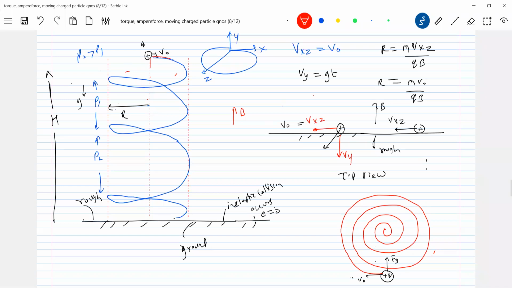Finally it will come to rest, and I'll call this O. And at O, what will happen? O is the axis of the helix, no?